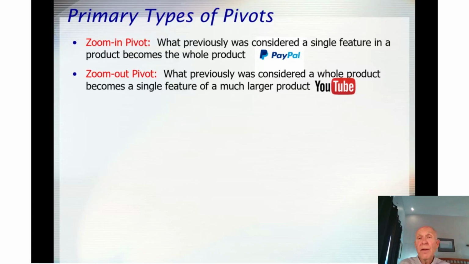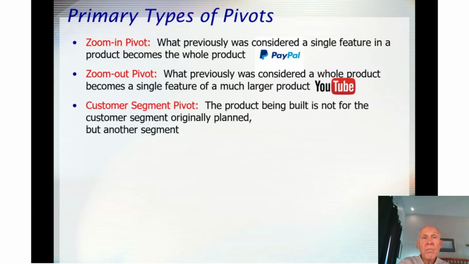So YouTube said, okay, we're going to pivot. We're not just a dating site. We're a post the video you think you like site. And that's how they became YouTube. Another is a customer segment pivot, where you're building something, but the customer segment really wants something else.